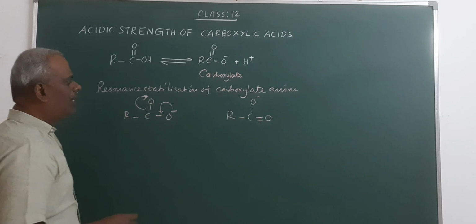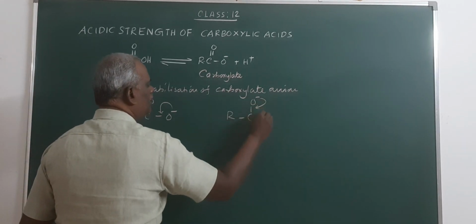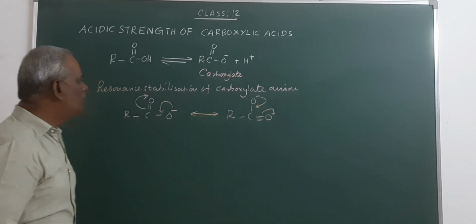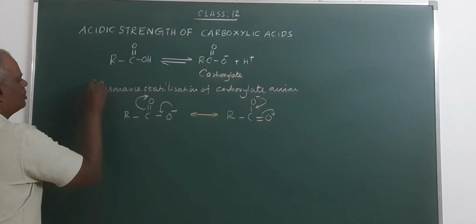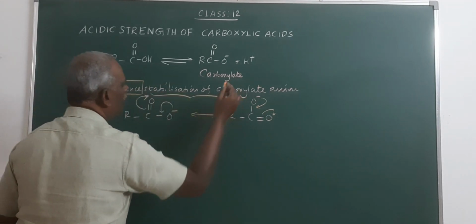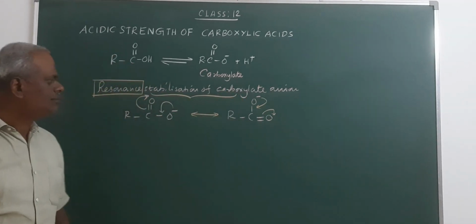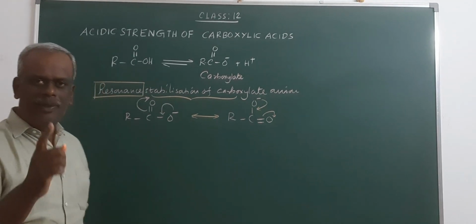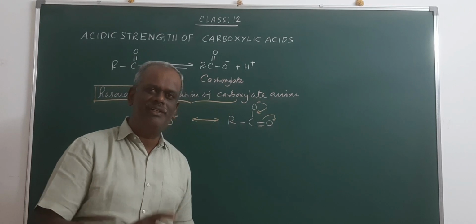Once the pair of electrons moves back, we get the original structure. So these are the two resonance structures responsible for the stabilization of this carboxylate anion. Hence this carboxylate is more stable and the substance behaves like an acid.